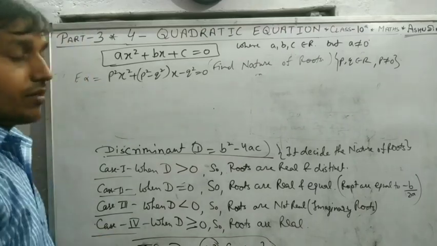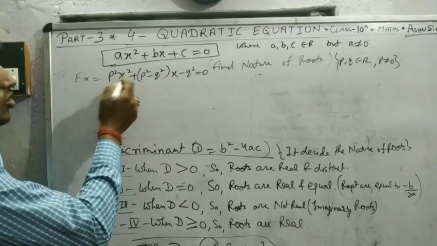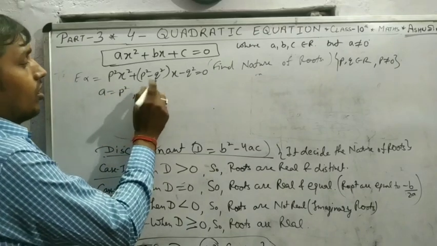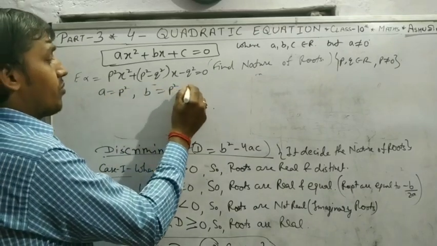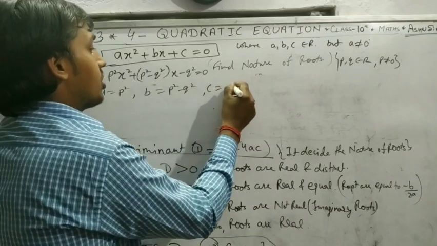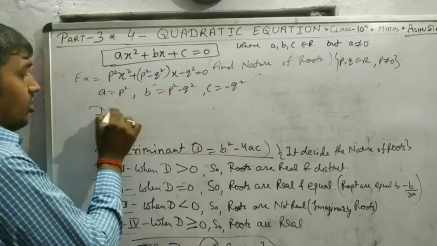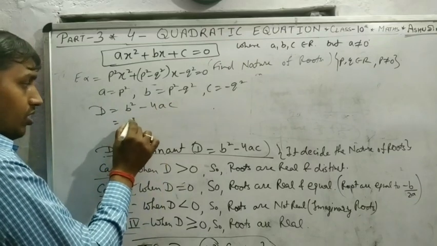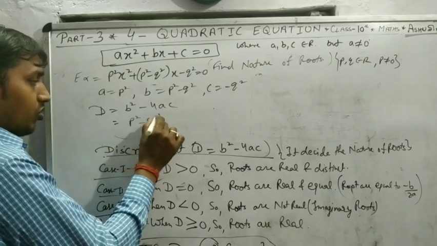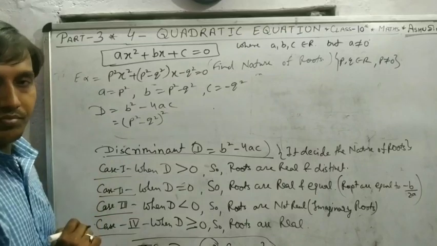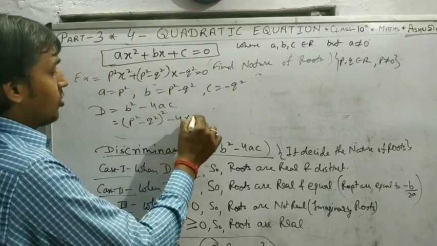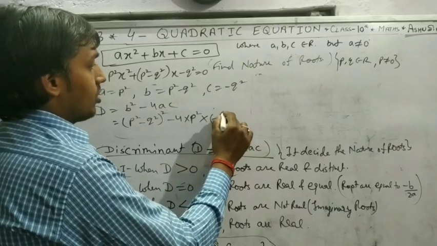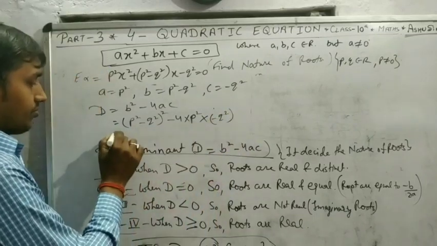Take one more example. Find the nature of the roots of the quadratic equation. Here a is equal to p square, b is equal to p square minus q square, c is equal to minus q square. D is equal to b square minus 4ac, which is p square minus q square whole square minus 4 into p square into minus q square.